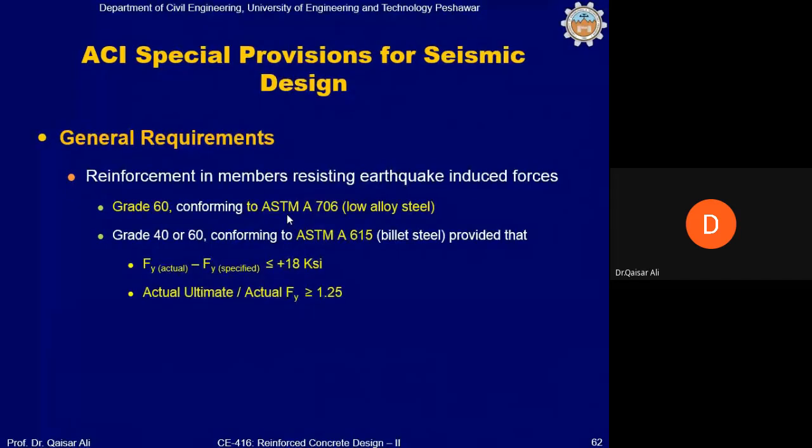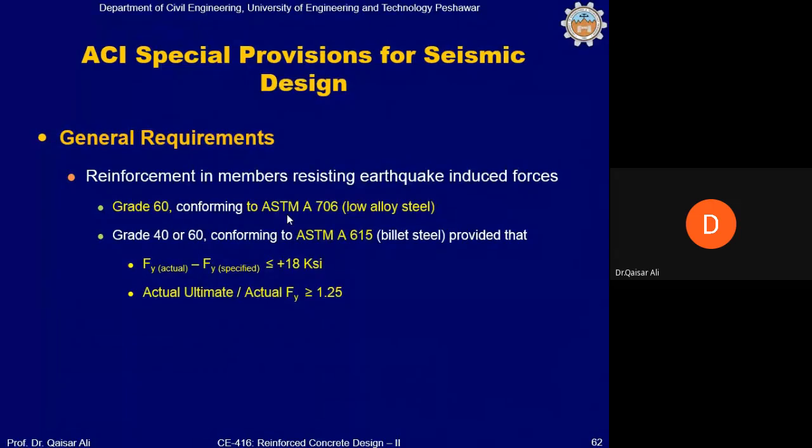The specified is the one which you specify. This is 60 steel, 60. The actual you can only obtain from a test in the lab. So if you test a reinforcing bar in the lab, and the bar is grade 60, and the actual yield comes out to be 70, it will be 70 minus 60 equal to 10. This is good, this is allowed, because 10 is less than 18 KSI.